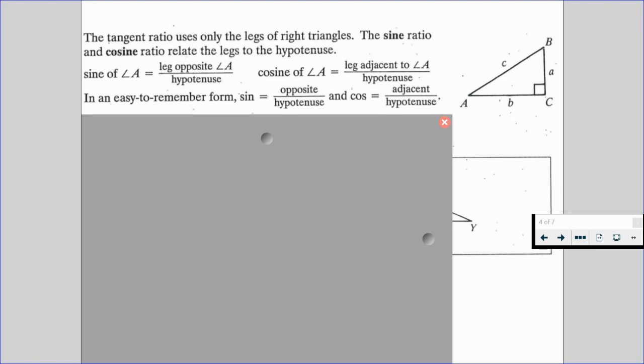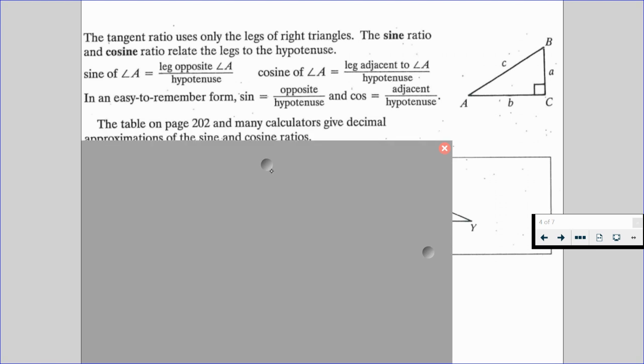And in an easy to remember form, sine, not sin, sine is equal to the opposite over hypotenuse, or S is equal to OH, the SO, and cosine, not cos, it's cosine, is equal to the adjacent over hypotenuse, or the CA. C is equal to A over H. The table on page 202 and many calculators, again, give decimal approximations of the sine and the cosine ratios.